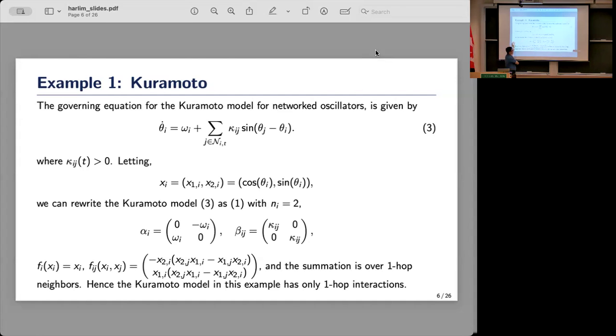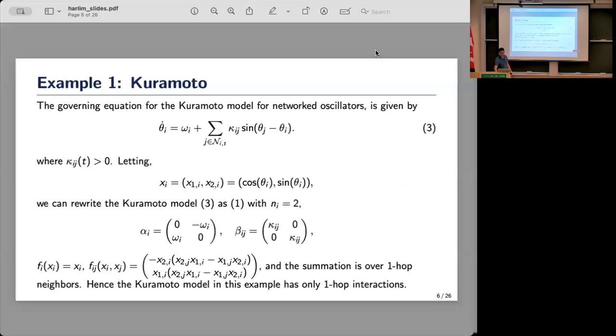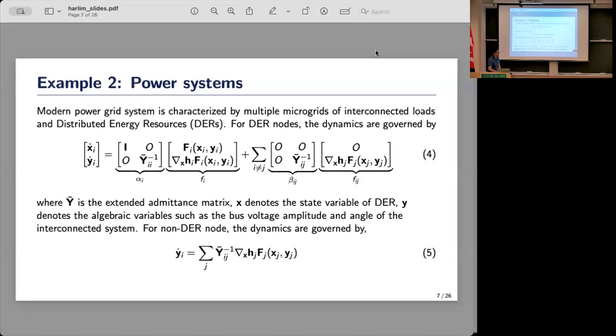Then we have the same form like before, so you can write it in this particular form where we can characterize exactly what is the alpha matrix, what are the beta interaction coefficients, and what is the vector field on the right-hand side. So the Kuramoto model, in this example, only has one-hop interactions, nothing more, okay?